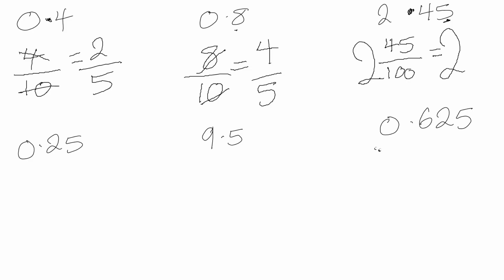For 45 and 100, 5 is a common factor. So 45 divided by 5 is 9, and then 100 divided by 5 is 20. So the fraction equivalent for 2.45 is 2 whole number 9 over 20.